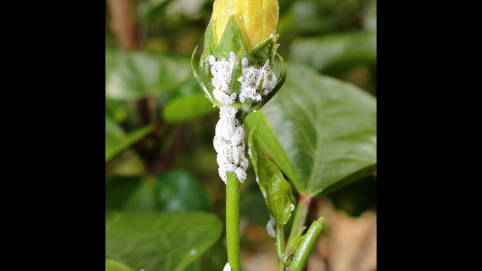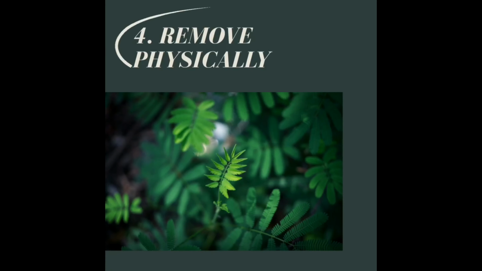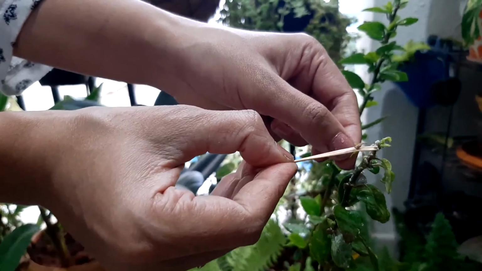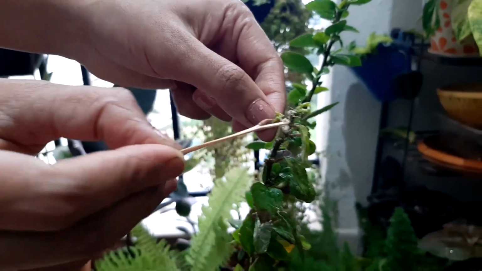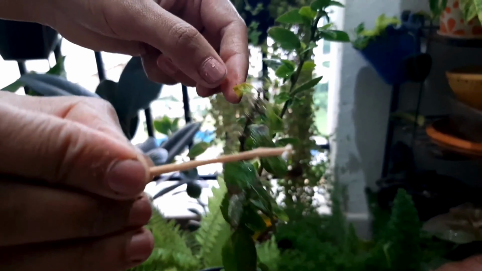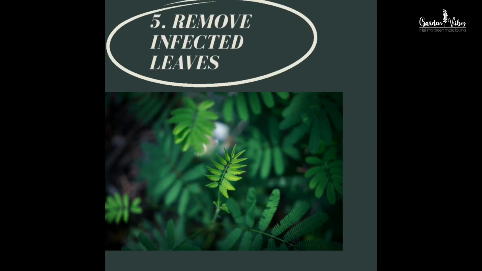Isolate infected plants from other plants, because they spread very quickly from one plant to another, and they will destroy your complete garden very quickly. Step 4. If it has just started, you can remove these mealybugs physically using any sharp object. Step 5. If it is heavily infected, first remove all heavily infected leaves and trim some parts from the plant.